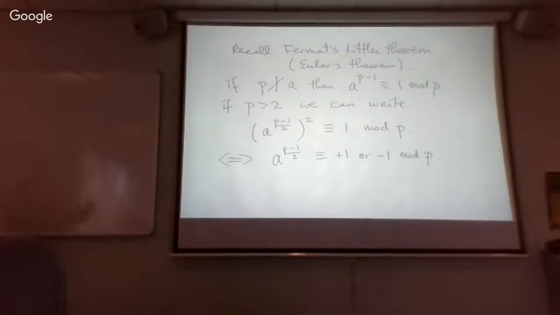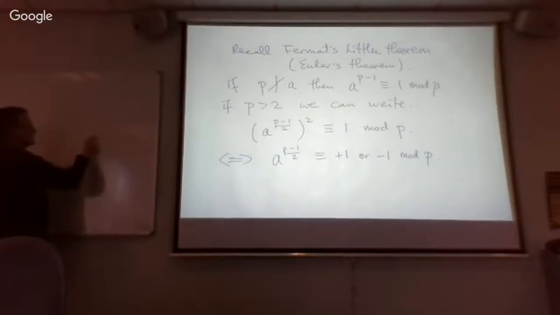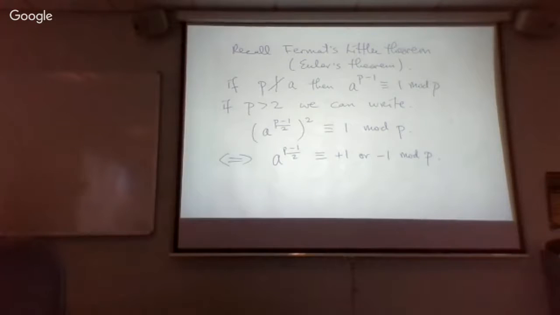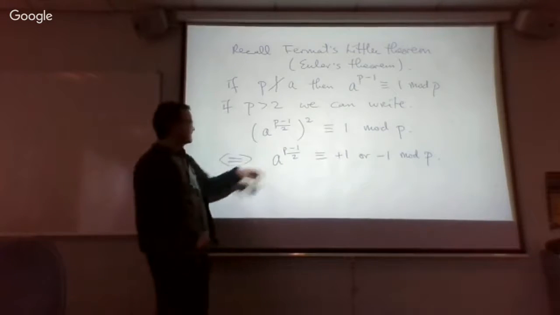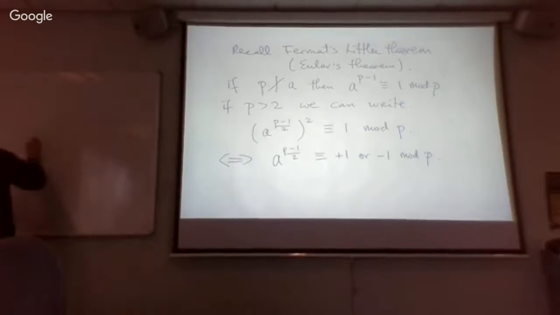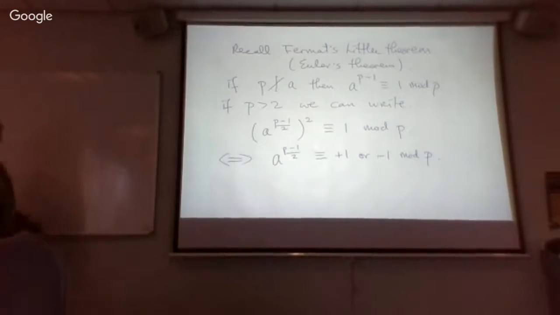But now we've just gone to the trouble of introducing our Legendre symbol, which takes the values plus 1 or minus 1. So let's call this a. Is a a quadratic residue modulo p?